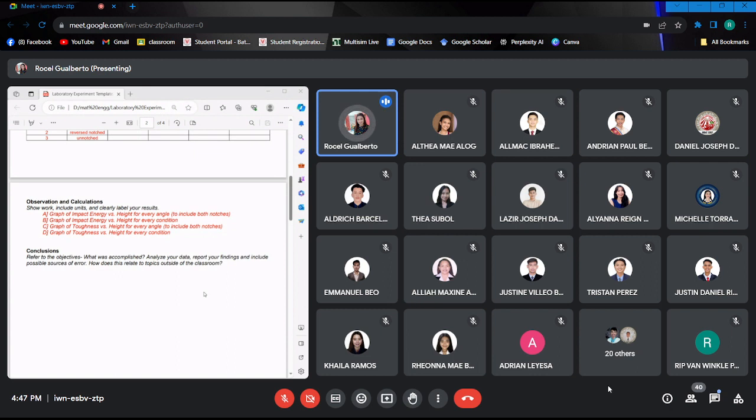It is already in our classroom. And even this form is already included in our classroom, so kindly check. Everybody must be present at our experiment tomorrow.